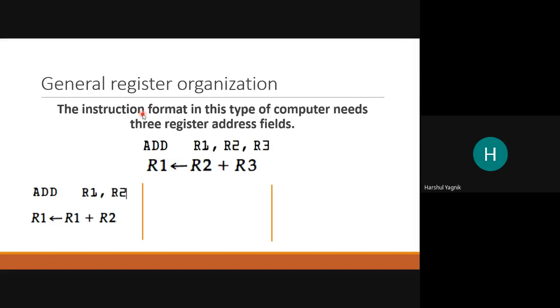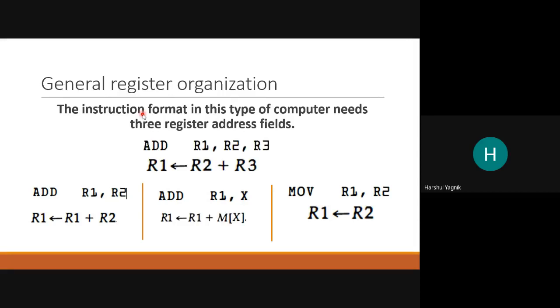On the other hand, suppose there are only 2 operands shown like this, add R1, R2, then its meaning is addition is to be performed on the operands from the registers R1 and R2. Result is stored in R1. Another possibility is that move the operand from R2 to R1. So this is also register organization. Another possibility, add the operand with R1 and from the memory location. R1 is in the CPU and X is the memory address.